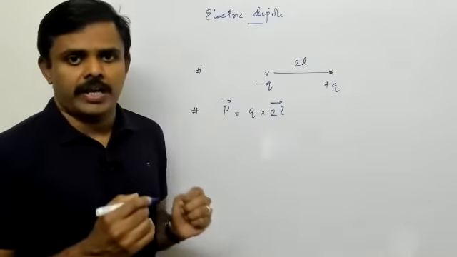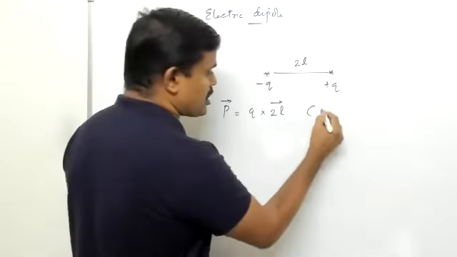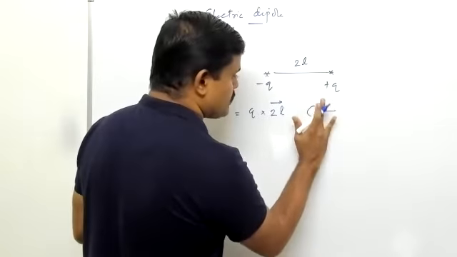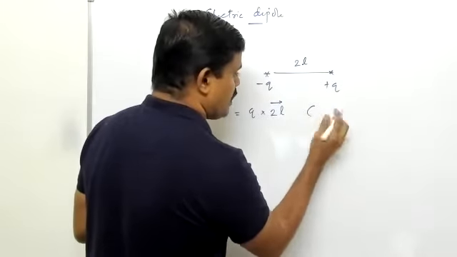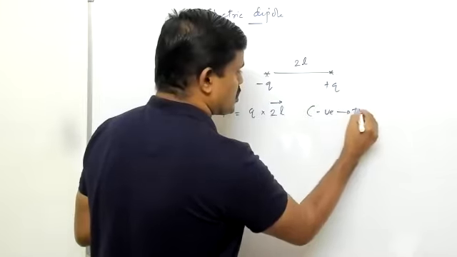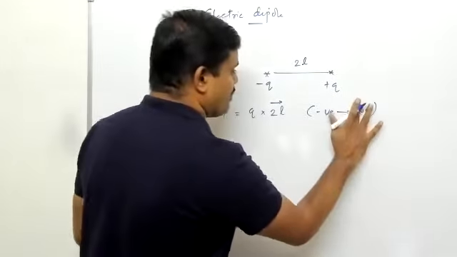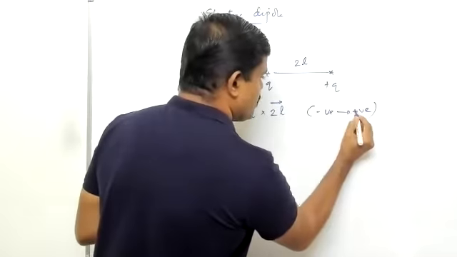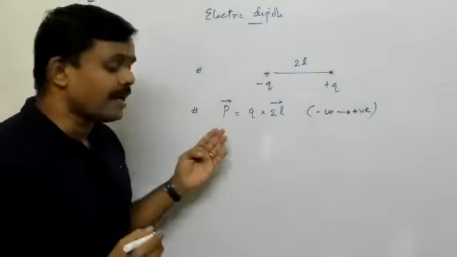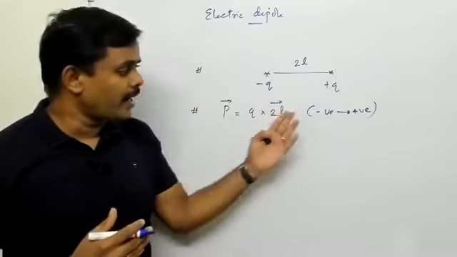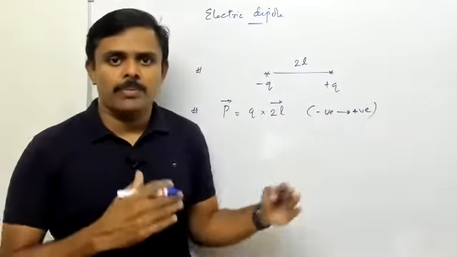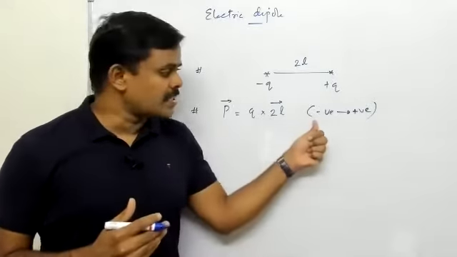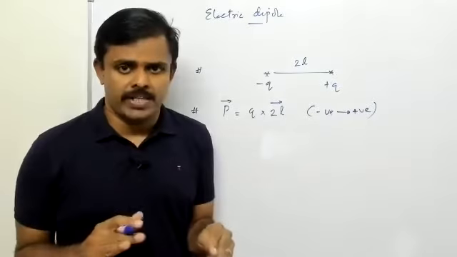And conventionally, the direction of dipole moment is taken from negative charge to positive charge. Don't ask me why. That is by convention. Across the world, by convention, we take the direction of dipole moment as from negative to positive. So dipole moment direction is from where to where? Negative charge to positive charge. That is by convention.